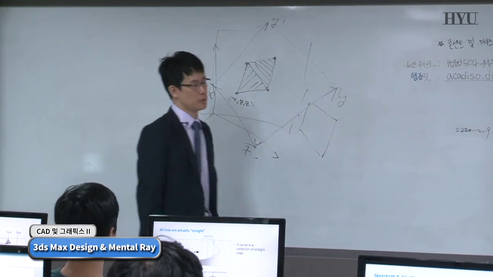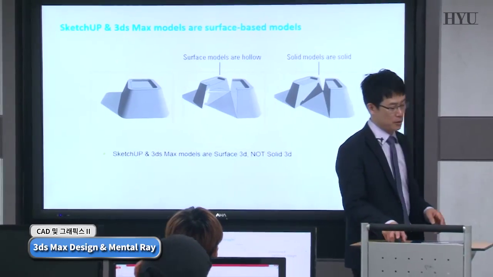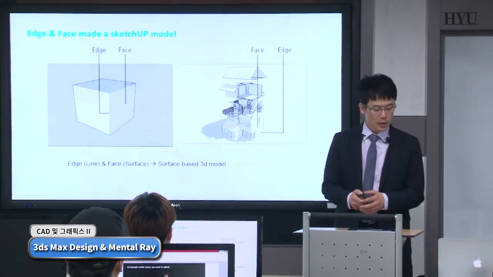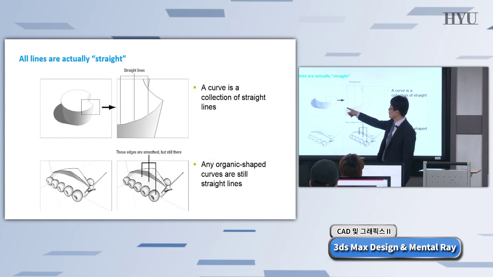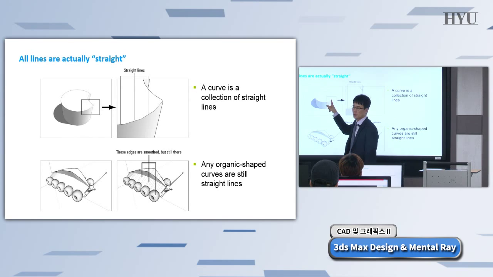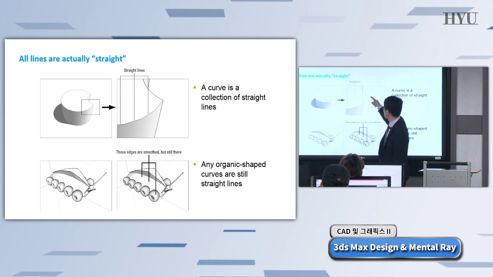This kind of approach is so-called surface-based definition of model, okay? So let's take a look at this rectangle shape. In SketchUp, if you didn't put any options and if you draw a circle, it has 10 or 12 segments. In other words, if you zoom in, you can find out this kind of series of lines, okay?